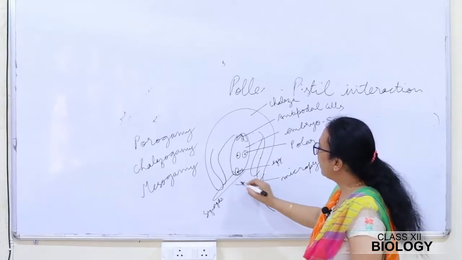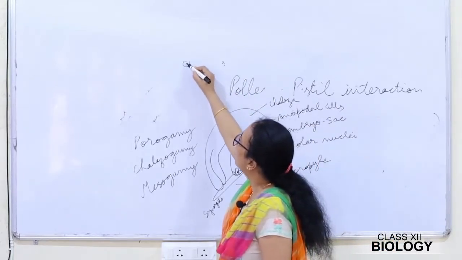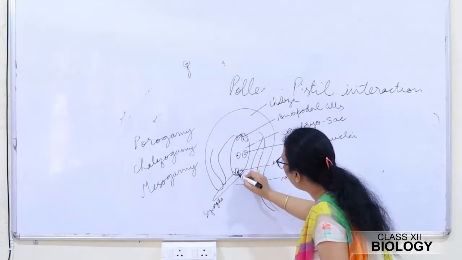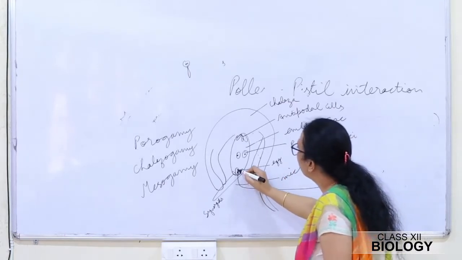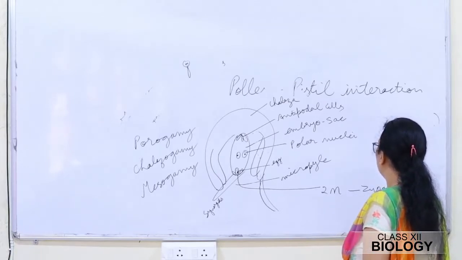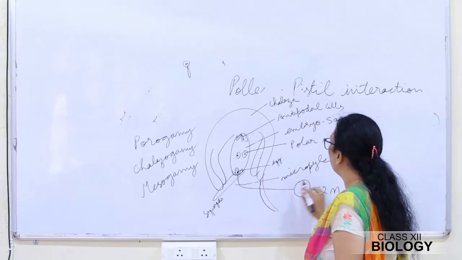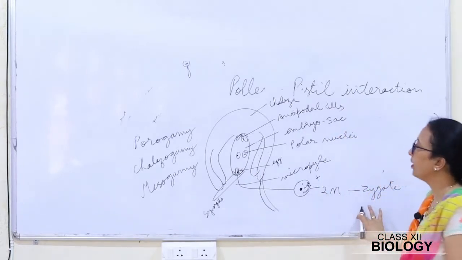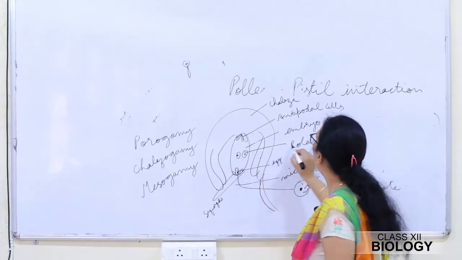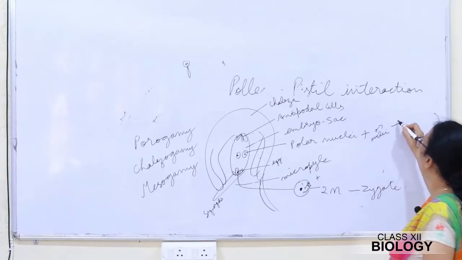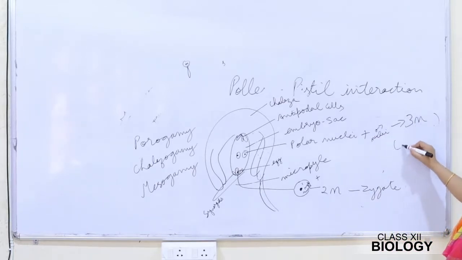So one of the two male nuclei produced in the pollen tube fertilizes the egg, forming the 2N zygote. Another male nucleus fuses with the polar nuclei, forming the 3N structure, which is also known as the endosperm.